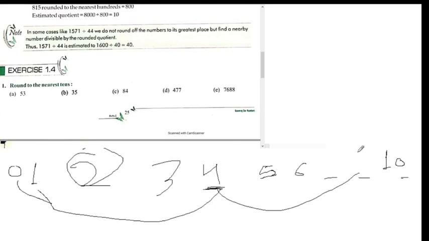This 2 is nearest to 1 or 0. Do you say this 2 is nearest to 0? It means its round-up value is 0. Because 2 is nearest to 0, so the round-up value of 2 is 0.